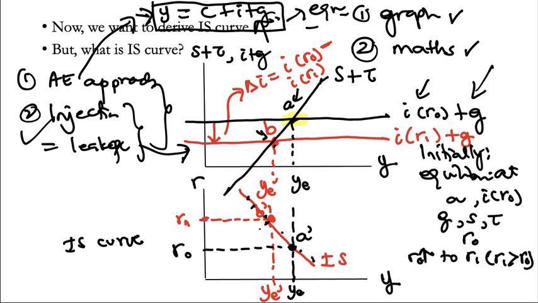Now, the relationship shown in IS here is between output and interest rate. So, if interest rate falls, output increases. Why? Because investment increases due to the decreasing cost of production, which is the interest rate, isn't it? Since investment is a direct component of aggregate expenditure, aggregate expenditure here increases, isn't it?